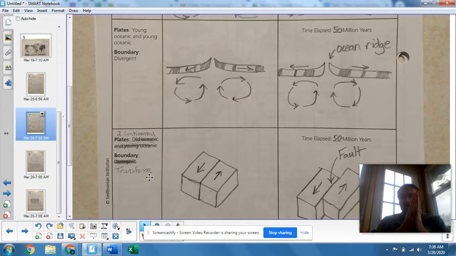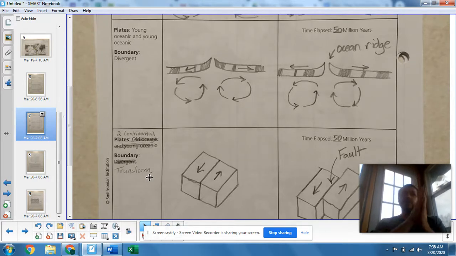So what we want to know there is if we just go with the transform boundary where these two slide past each other, obviously these aren't going to be perfectly smooth surfaces where it's easy to slide past. You're going to have lots of little bumps, cracks, dirt, rocks that are going to kind of catch, and even though you're putting force on it and it might not move for a while, eventually you're going to have so much force that it just suddenly moves.